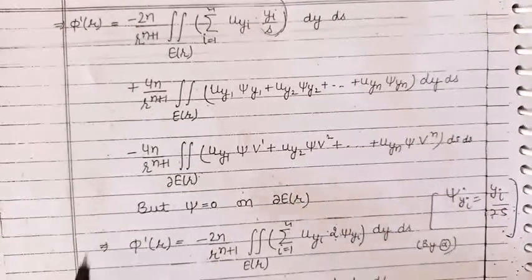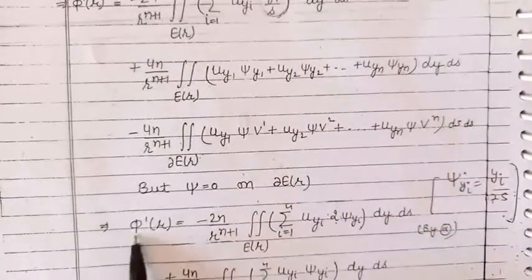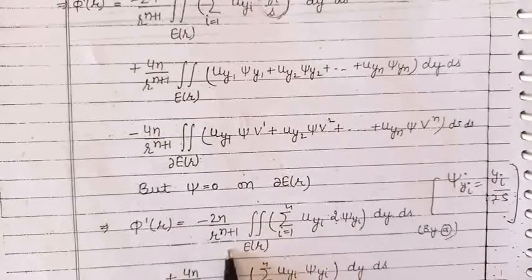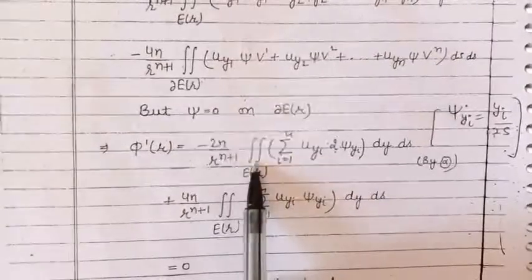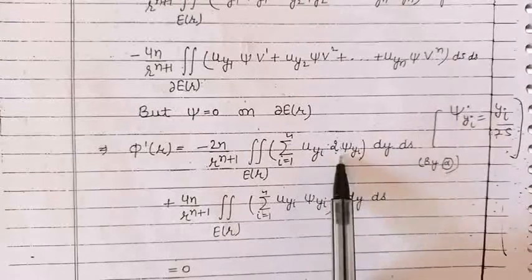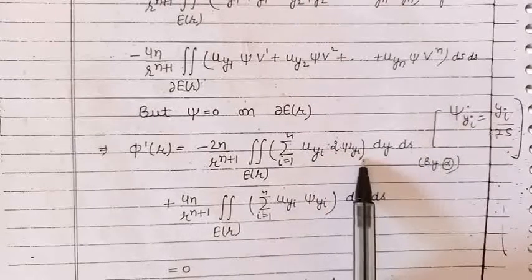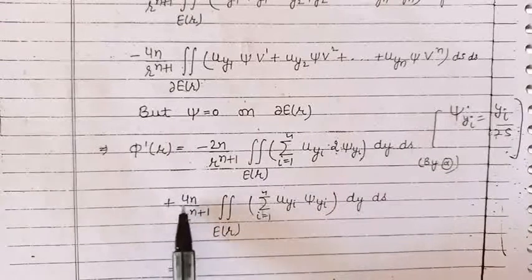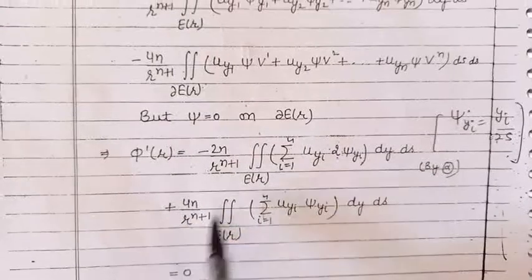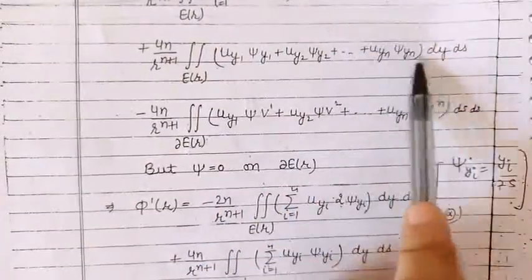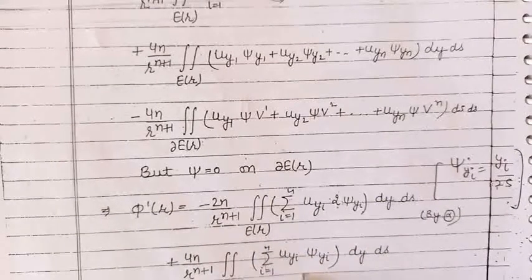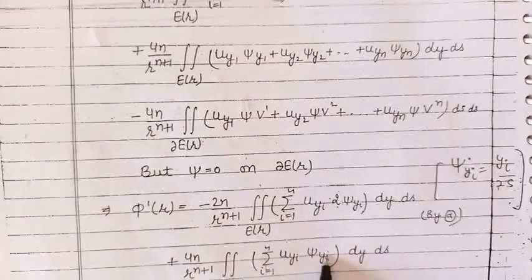So finally we are left with phi dash r is equal to minus 2n upon r to the power n plus 1 into the double integral of summation ∂u/∂yi into 2 times ∂psi/∂yi plus 4n upon r to the power n plus 1 into this term, which we have written in the form of summation: summation ∂u/∂yi into ∂psi/∂yi.